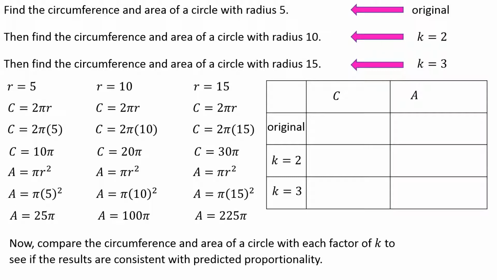So I want to compare the circumference and the area with the original dimension, multiplied by a scale factor of 2, and then the original dimension multiplied by a scale factor of 3.